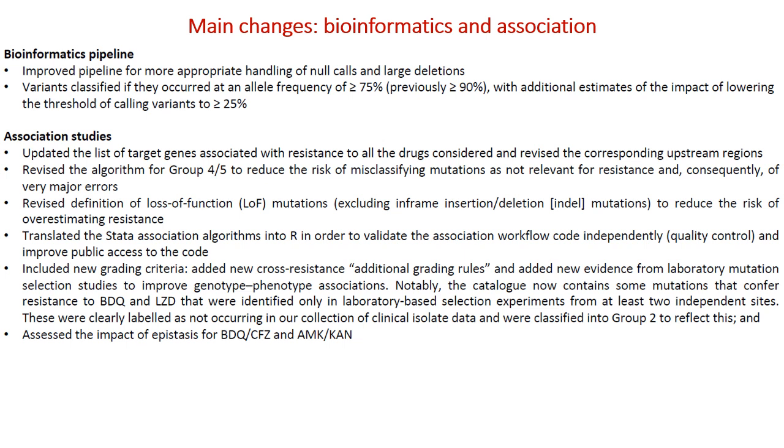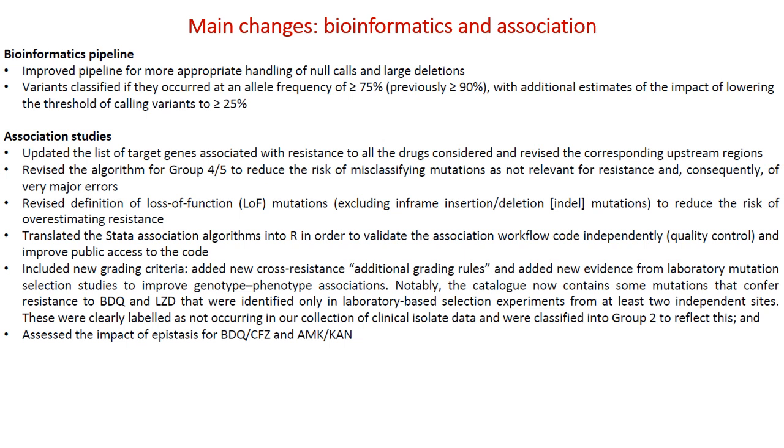There was a change in the bioinformatics pipeline adopted to analyze the data. This was improved for better handling of null calls and large deletions. And in terms of allele frequency, the catalog moved from interpretation of variants showing frequency higher or equal to 75% down to 25%.